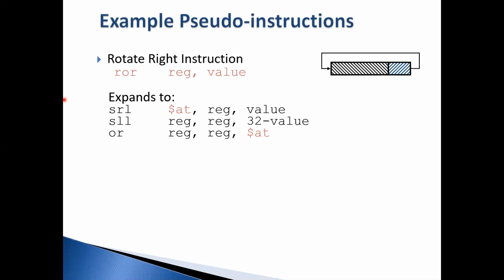Okay, so let's switch screen. Let's say I have this register, right? I want to shift this amount of bits. First of all, I have register AT, which is SRL, right?